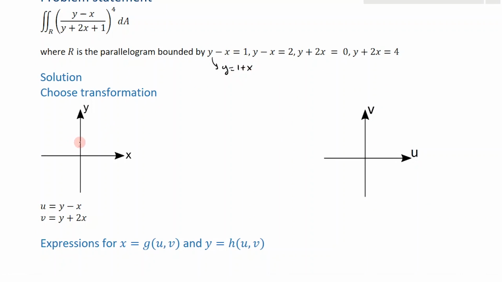This gives me a line like this. This would be the line y minus x equals 1. We have the line y minus x equals 2, which is the same thing as y equals 2 plus x.